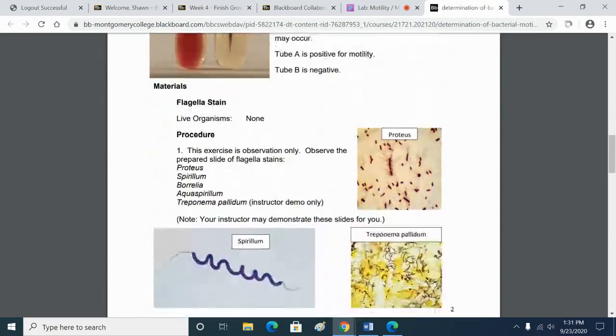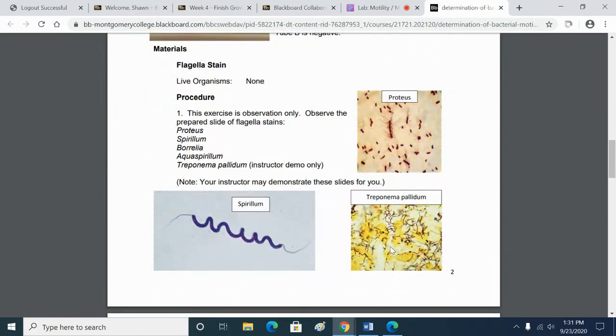Now, when it comes to flagella slides, the problem with staining those flagella is that they are very brittle and they do break off easily. So when you look at a prepared slide of a flagella stain, actually the majority of bacteria on that slide usually do not show the correct arrangement because the flagella have broken off.